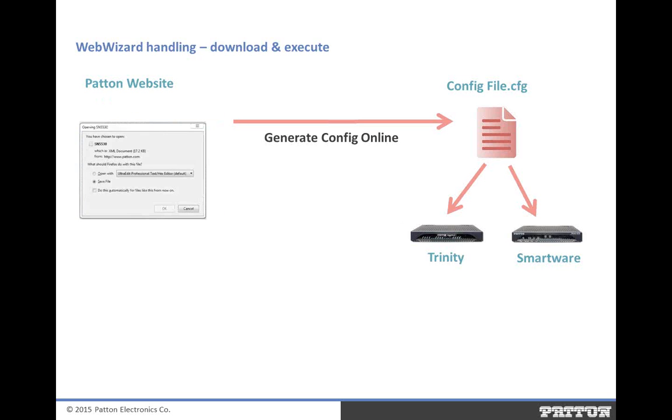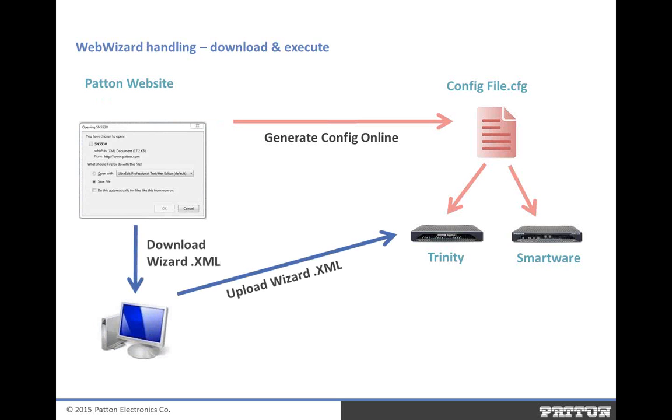Mark, for the other option, we should clarify whether the wizard file also works for Trinity and smartware devices or just for one device. Right. Generating a config file online can work for either a Trinity or a smartware device. The second part I'm about to explain only works for Trinity devices.